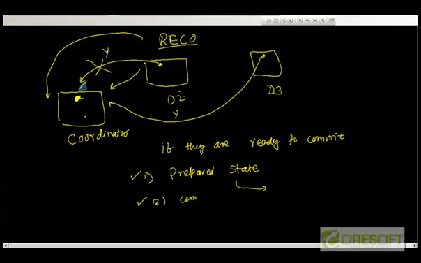So there may be two cases. After some time, the recover process is going to take over this transaction, and it can either commit or roll back. For example, it may happen that after some time the network connection is re-established, and then the recover process checks whether the other databases, D2 and D3, actually committed or not.